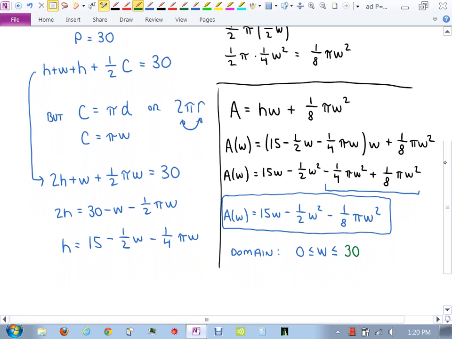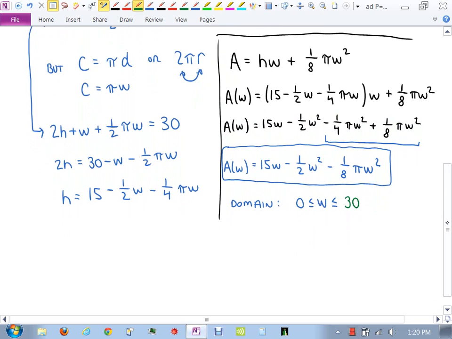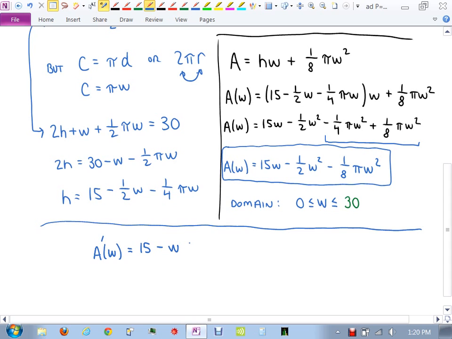So what we have is a continuous function on a closed interval. So what are we going to do? Derivative? Okay, derivative. A prime. What's A prime? 15 minus 1w, right?